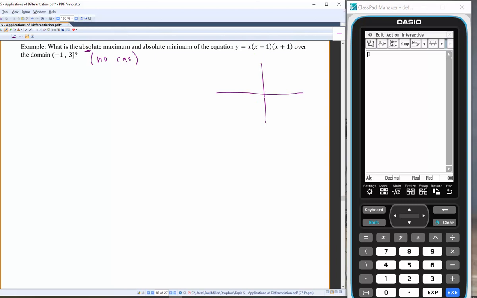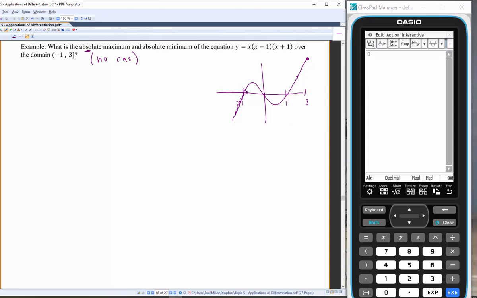So we've got intercepts at 0, -1, and 1, and it's going to be a positive cubic. So it's going to do something like this. So here's -1, so let's chop the function there, and we'll put our endpoint there. And let's note that this is 1 here, so 3 is going to be over here, and it's going to be somewhere up here.